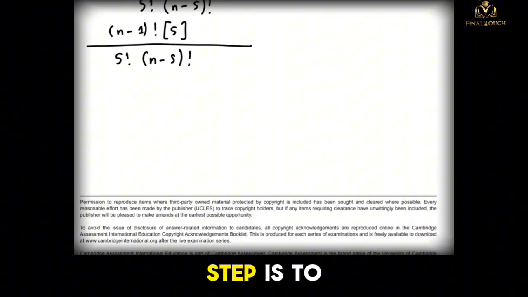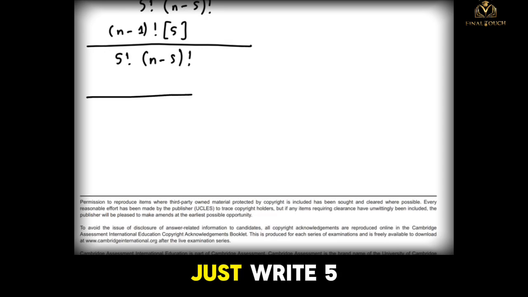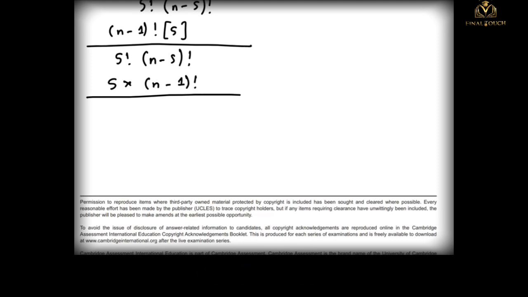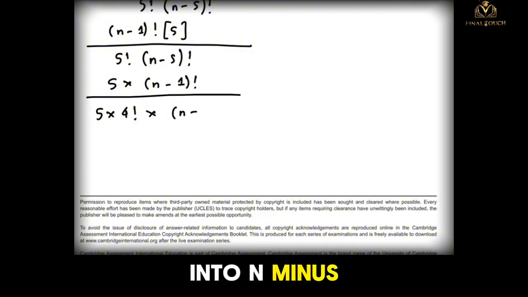So the final step is to just write 5 into n minus 1 factorial, and we know 5 factorial can be written as 5 into 4 factorial into n minus 5 factorial.